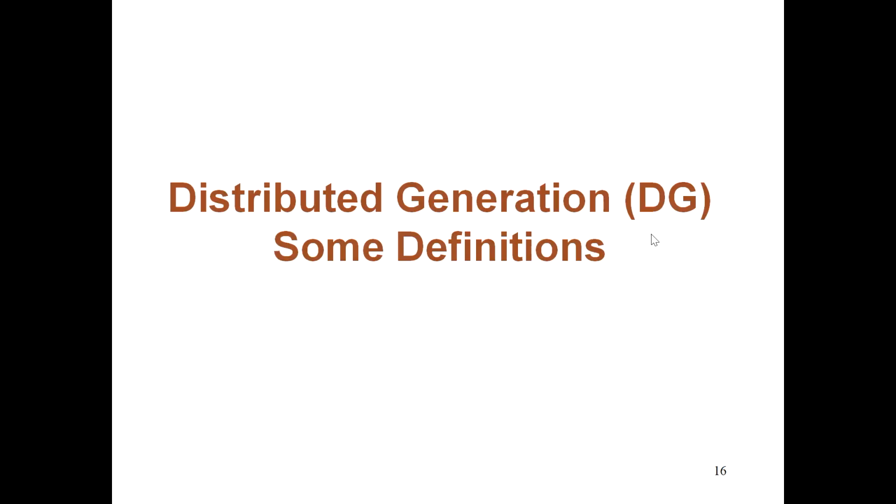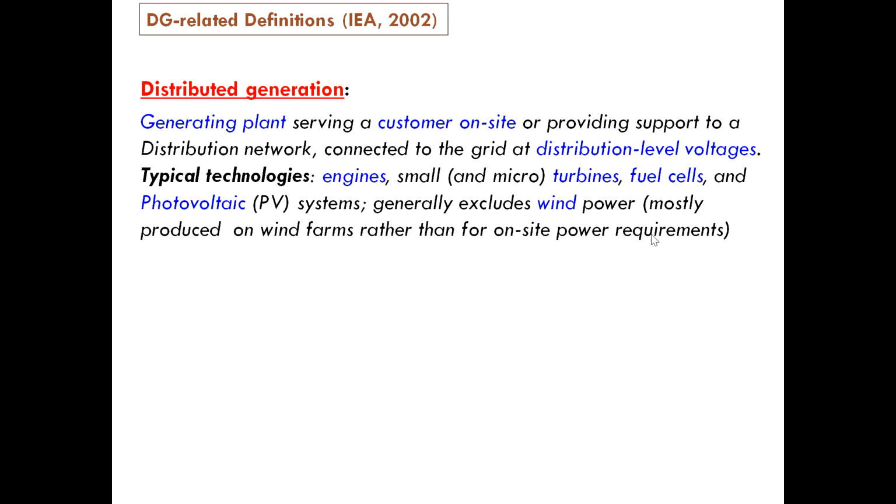So now we are going to look at a couple of definitions that are related to distributed generation. This may be familiar to some of you, but for some people, distributed generation is a whole new field, and it is obviously useful for us to just have an idea of what the experts say about what distributed generation is.